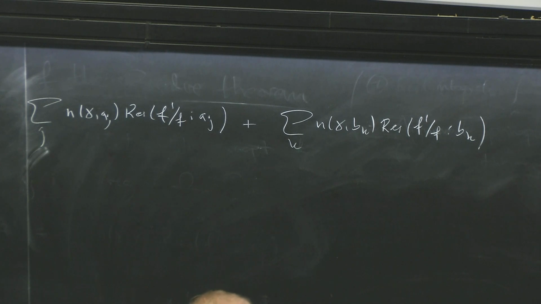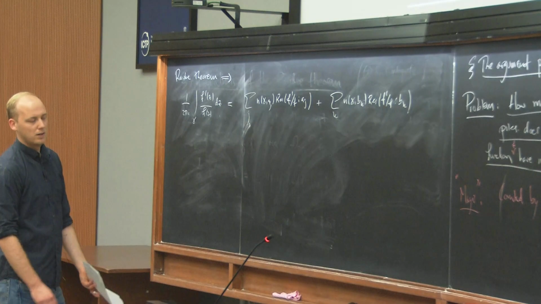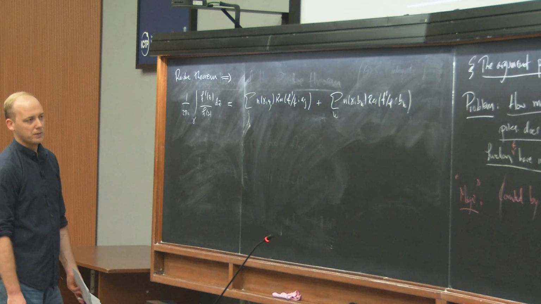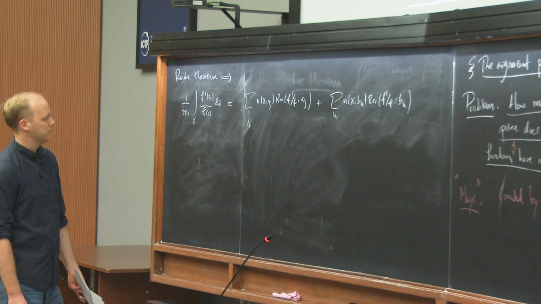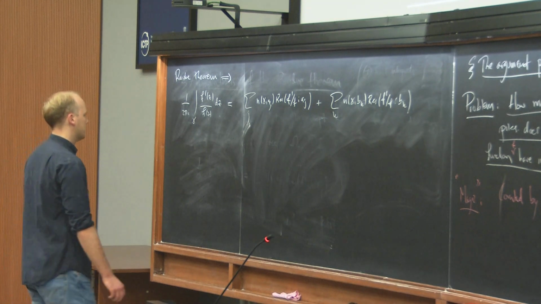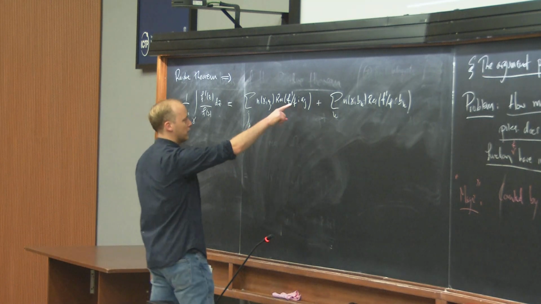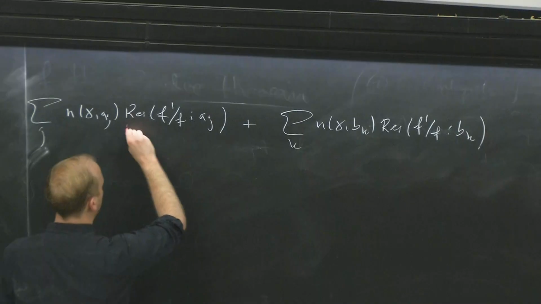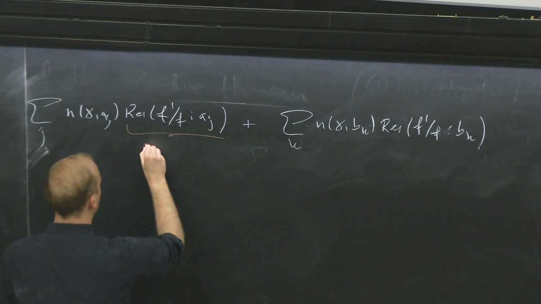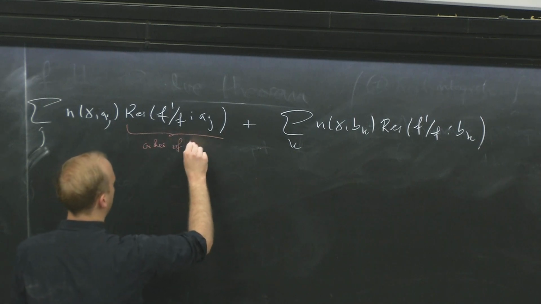Right, so I think there's some mistakes. I think when I stated it, I assumed that the order of everything was 1, right? Because you see what will come in here now is the order of a zero.